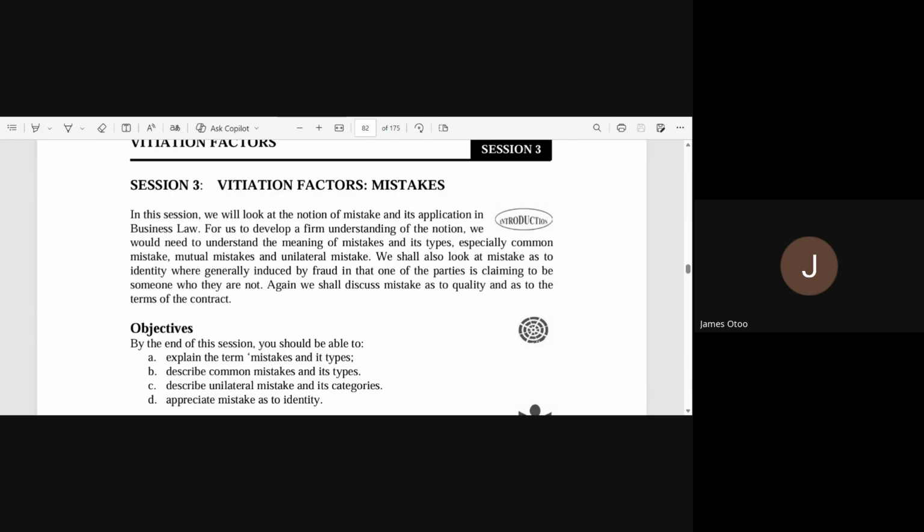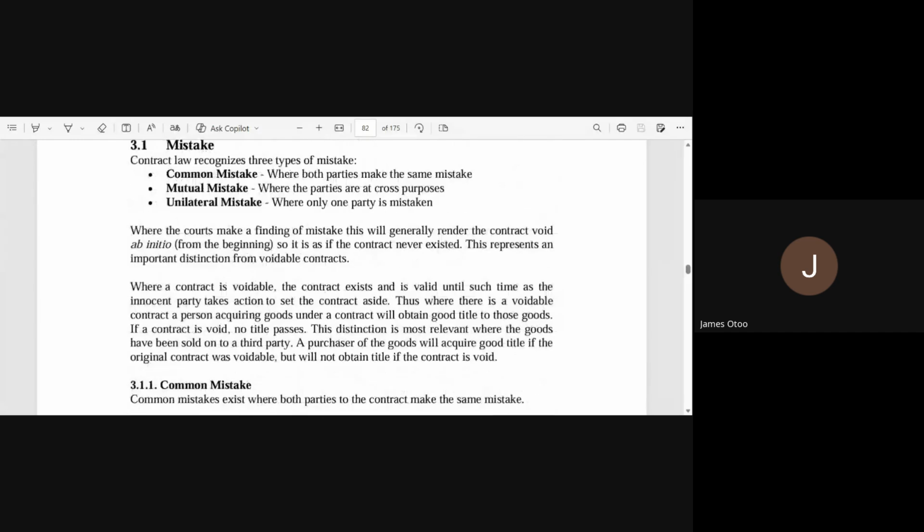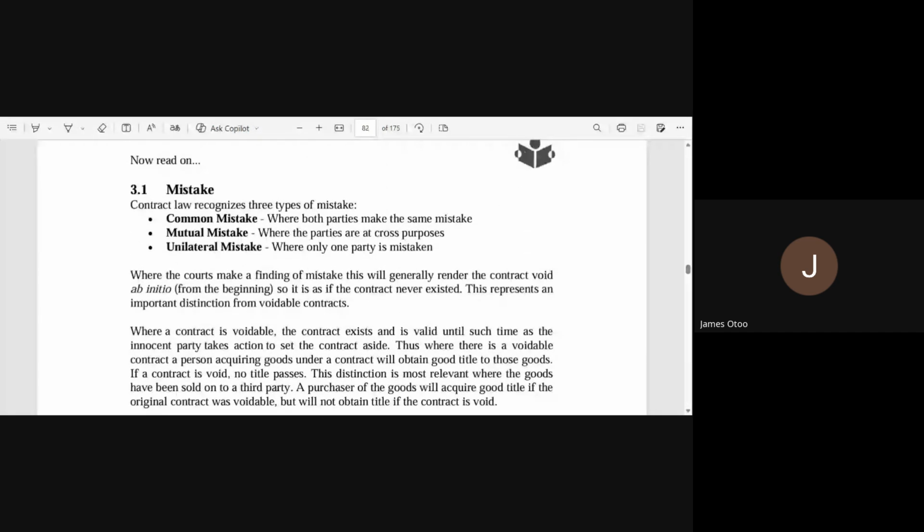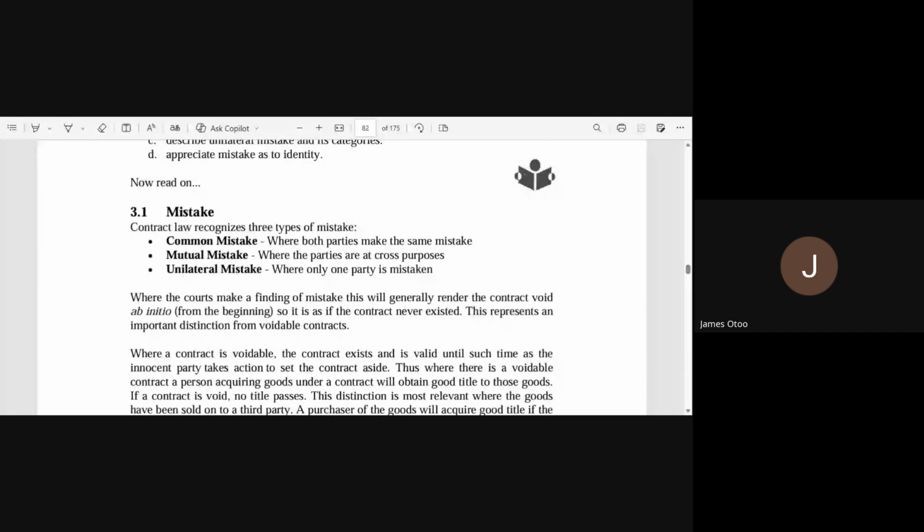Now, when you talk about mistake in law, it has a definition different from what you people know. Mistake in law has been grouped into three: common mistake, mutual mistake, and unilateral mistake. So it depends on where you are talking about it.